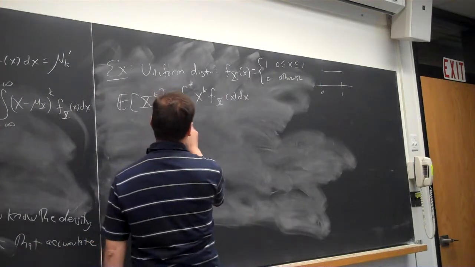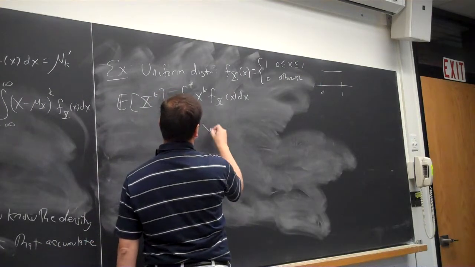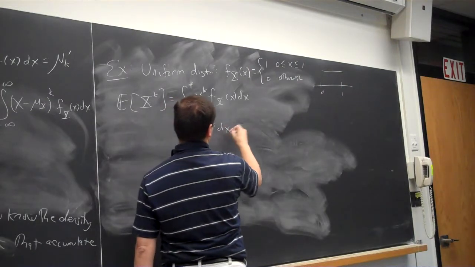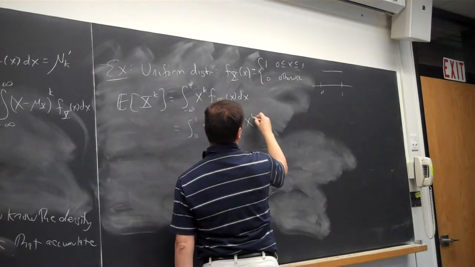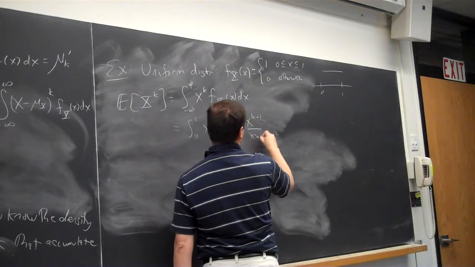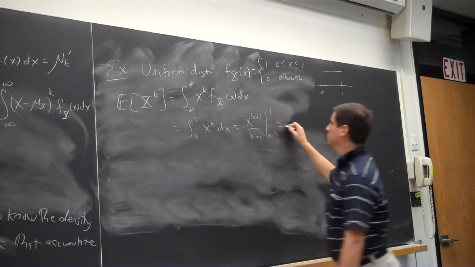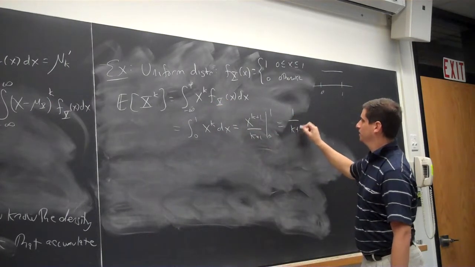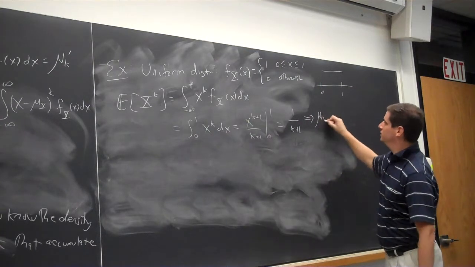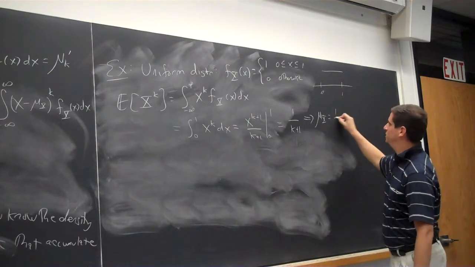So this integral becomes the integral from 0 to 1 of x to the k dx. So we get x to the k plus 1 over k plus 1. Evaluating at 0 and 1, we get 1 over k plus 1. So the mean is going to just be 1/2.